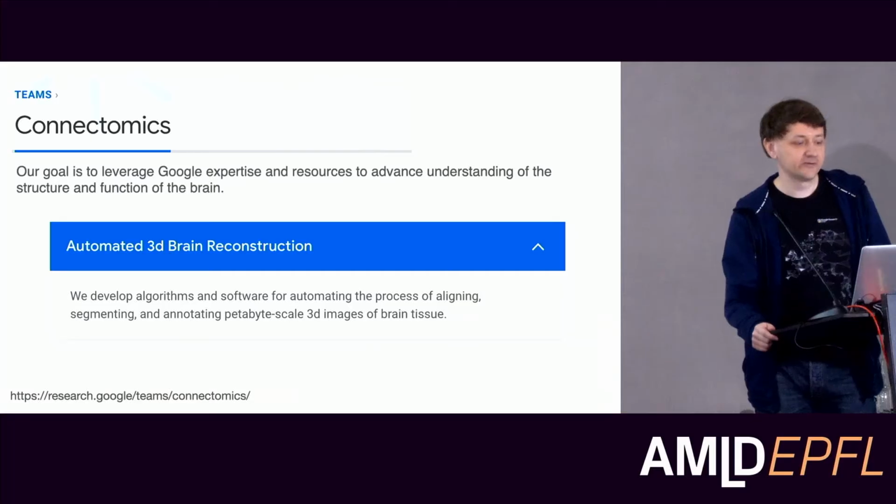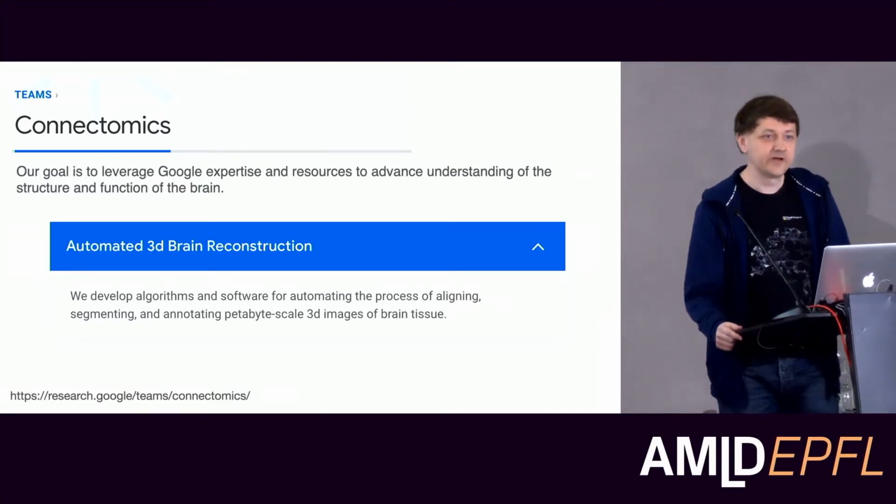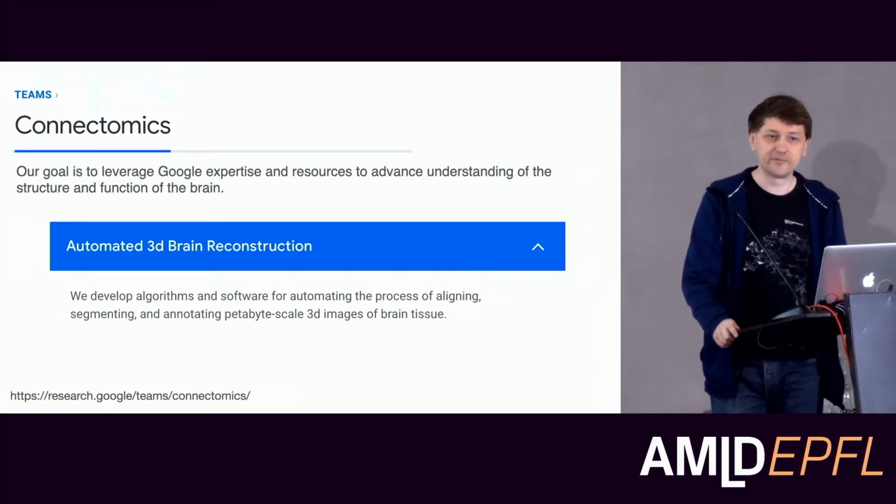As was already mentioned, I'm a member of the connectomics team at Google, where what we are trying to do is to use Google's expertise and resources to advance our understanding of biological brains. And the way we are trying to do this is through acceleration of very high resolution brain mapping of specific examples of brains.